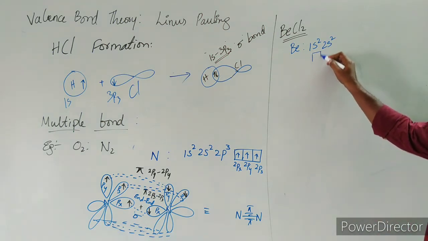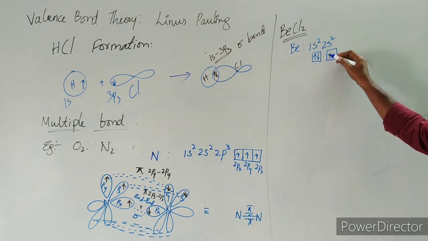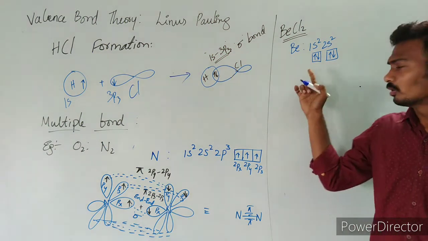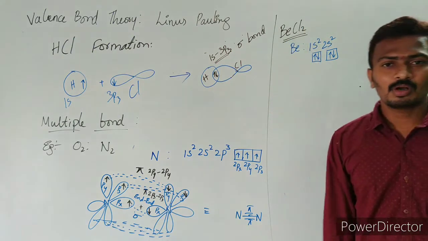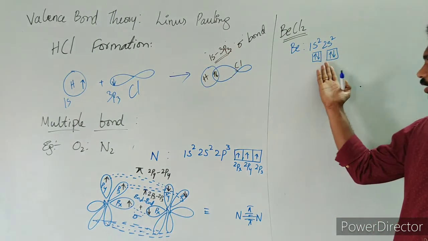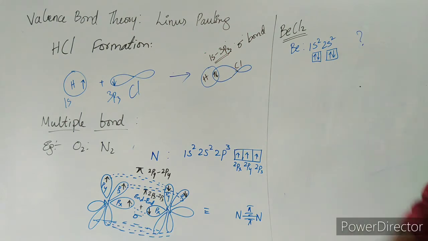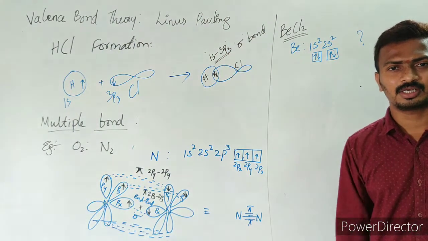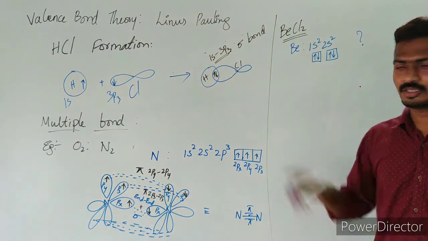If you look at the orbitals, there are no unpaired electrons. Here there are no unpaired electrons, but beryllium is forming bonds with chlorine and forming beryllium chloride. So there is a doubt how the bonding is occurring here. This couldn't be explained by this, isn't it?